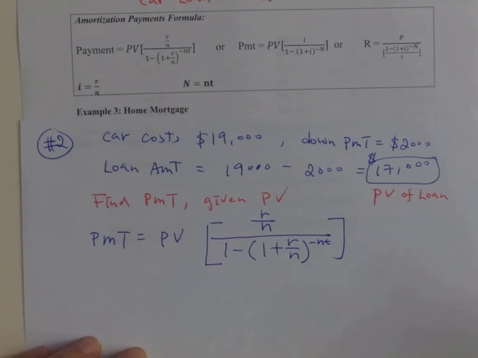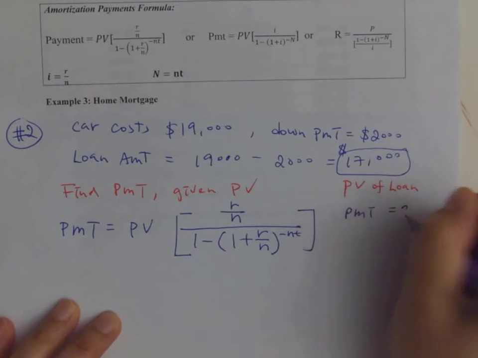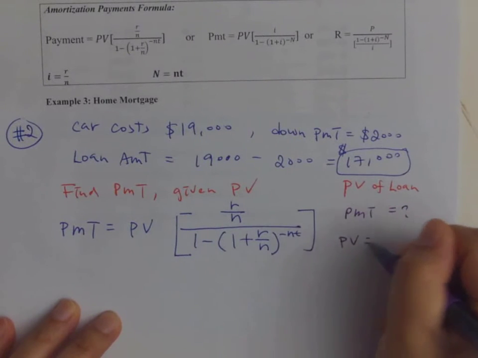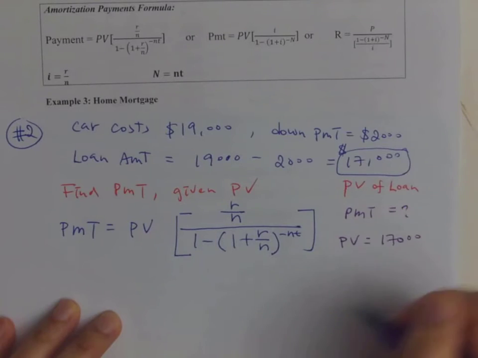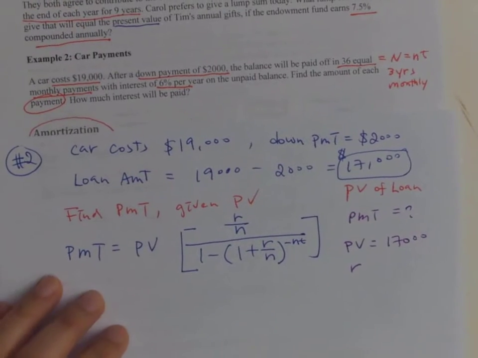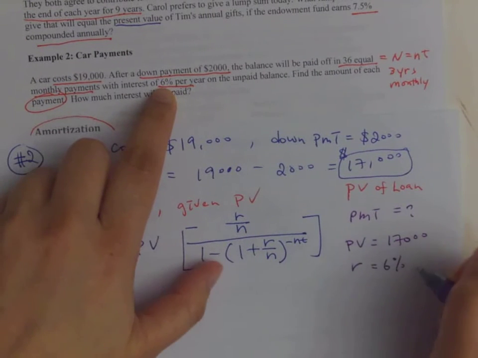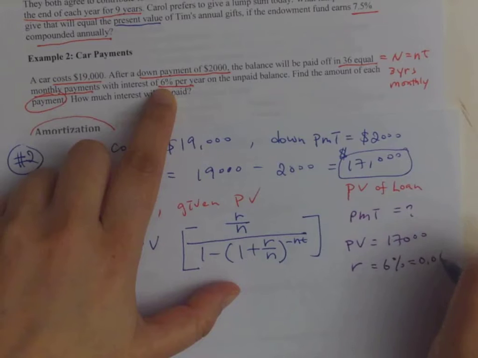Okay, so let's write down what we know. We don't know the payment, but we know the present value of the loan is $17,000. R is 6%, which is 0.06.